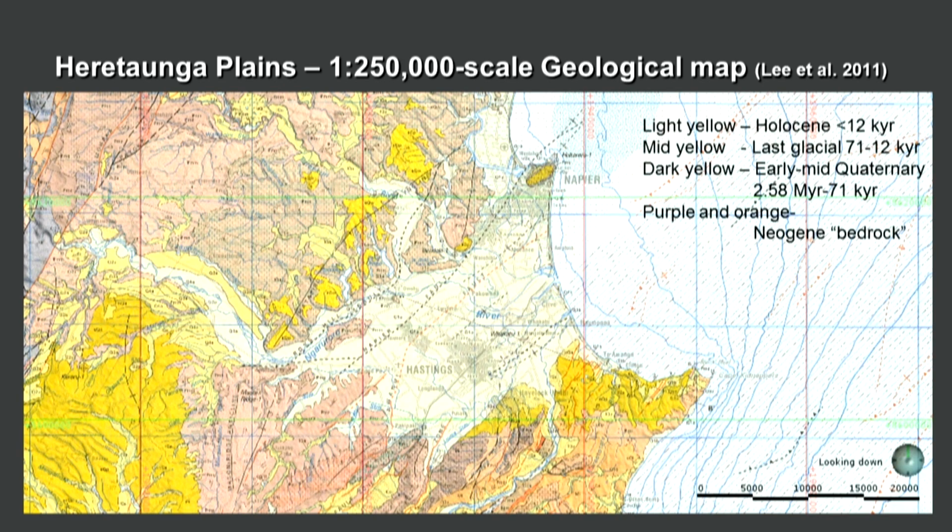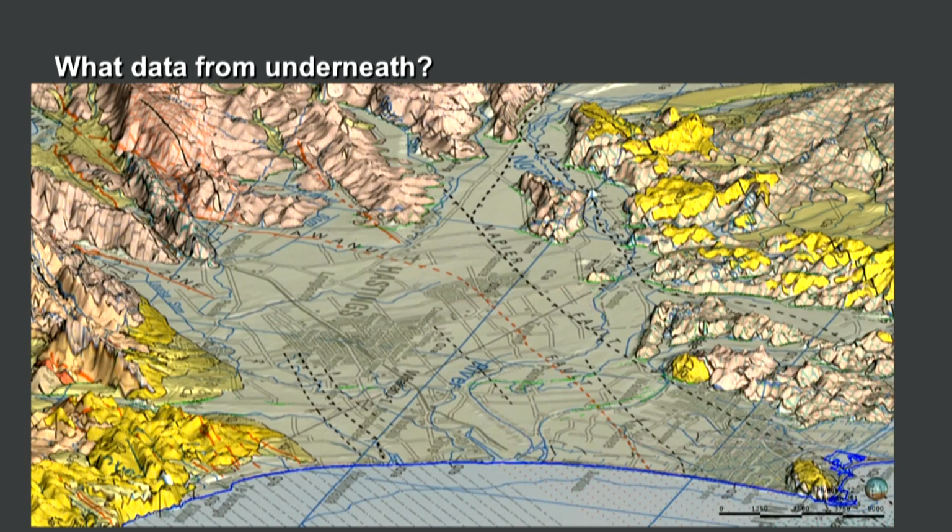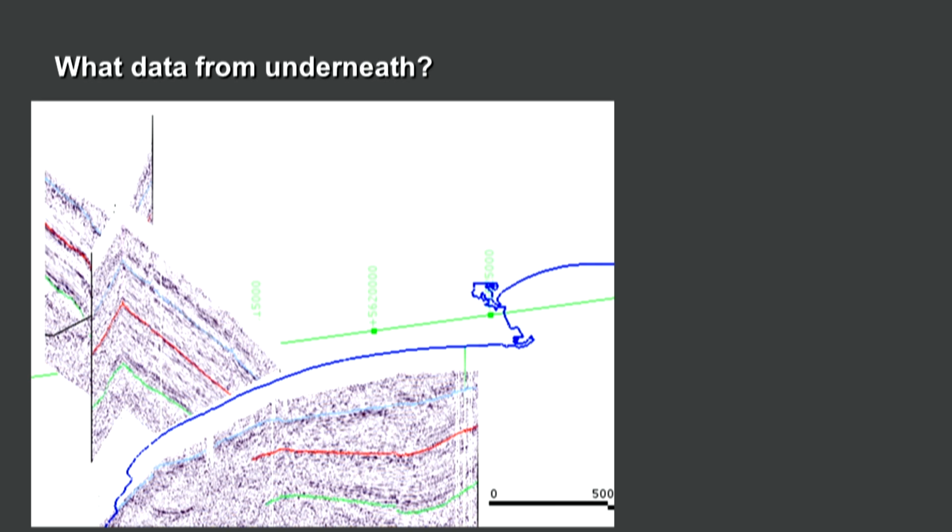Next, please. So if we crank that over and look at it from the side, and then say to ourselves, well, what's underneath? So that's the next one. So we've got a network or a lattice work, pretty sparse, of seismic profiles.